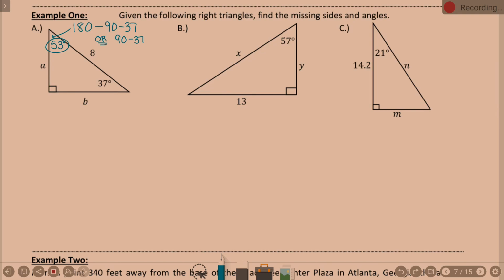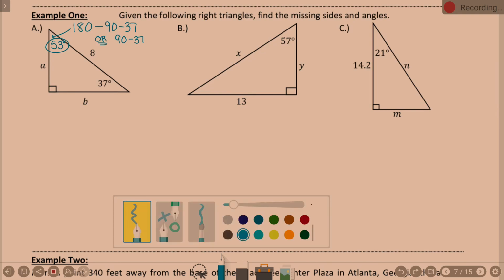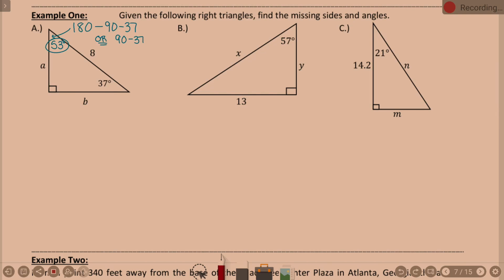Now we need to find sides A and B. So that A is the opposite, so you would set it up. Okay, let's pause.